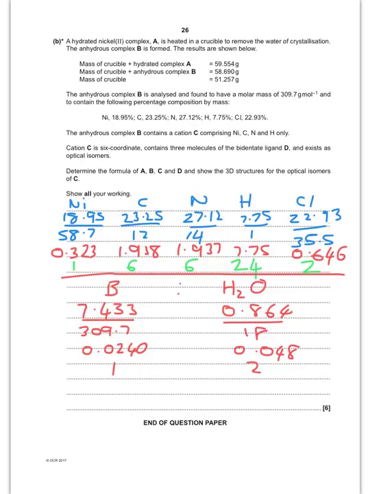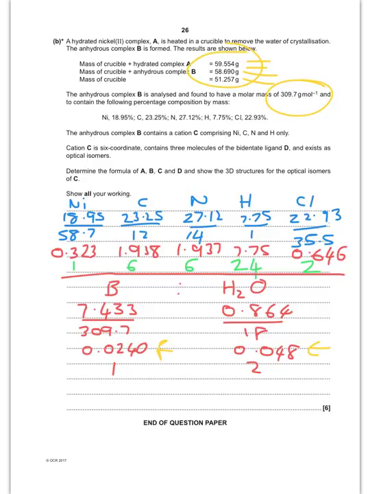They've told you, from using these figures up here, the difference between these two will tell you the amount of water that is present, and the difference between that one and that one will tell you how much of anhydrous complex B you've got. They've told you the molar mass of B here, so from that you can find the moles of B and moles of water. Simplest ratio is 1 to 2, so you know you've got 2 waters there.